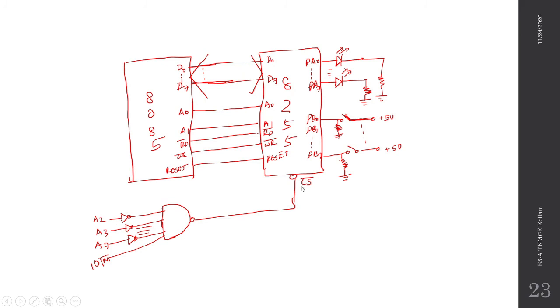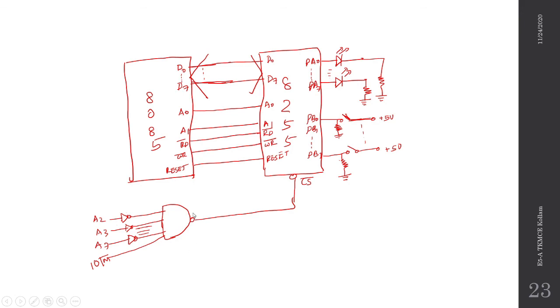And in order to create a CS bar signal, we can use the remaining address lines along with the IO/M bar signal. The IO/M bar signal is already 1. Why? Because an IO operation is carried out. For IO operation, IO/M bar is already 1 and the remaining pins A2 to A7 are zeros, which we need to complement by means of NOT gates like this.